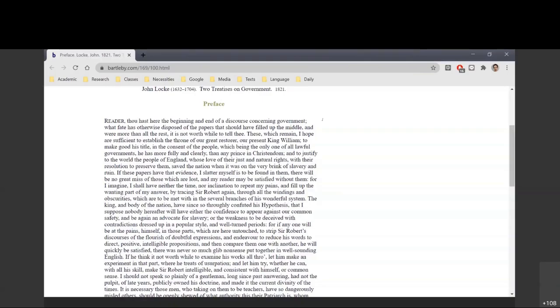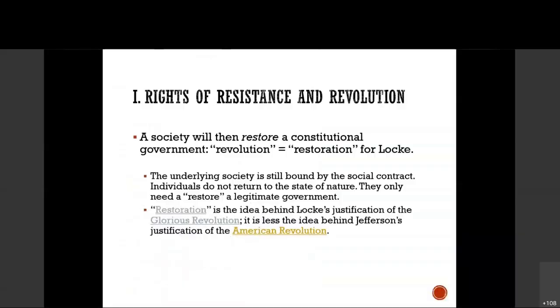And these discourses are also meant to justify to the world the people of England, whose love of their just and natural rights, with the resolution to preserve them, saved the nation when it was on the very brink of slavery and ruin. And that's the situation with James II. Okay, so that's the restoration language.